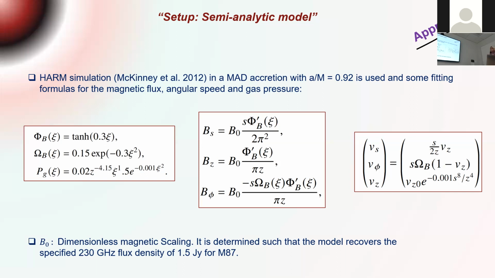Then you add some parameters, like B naught for example, or other quantities that I will describe in a moment, which are basically the parameters of the model. So we give it some freedom in terms of the parameters, but the behavior of the jet at larger scales is not something that we propose by hand, but rather is motivated by the known simulations that we use.